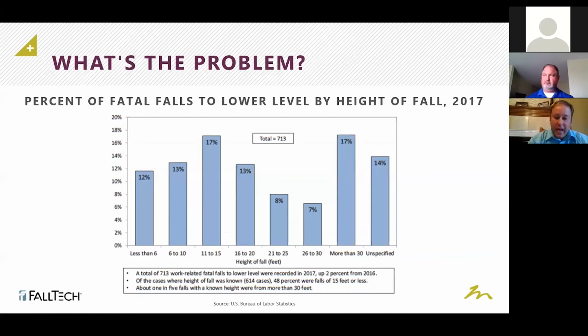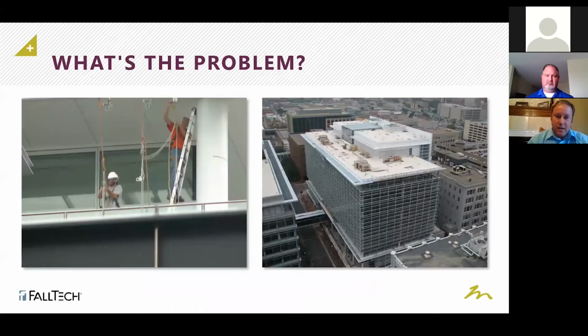And so again, when we look at these stats, it's important to understand where this is all coming from. So when we look at the problem, a lot of people will look at this and say, well, the employee is the issue. They're not following the safety procedure. They're not using the right equipment. I took this picture well over a decade ago when we were building this building that you see on the right side.